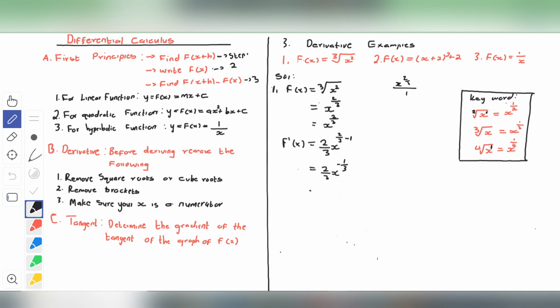Therefore, we are not done, grade 12, we are not done. We need to write this exponent, which is negative, to be positive. How?